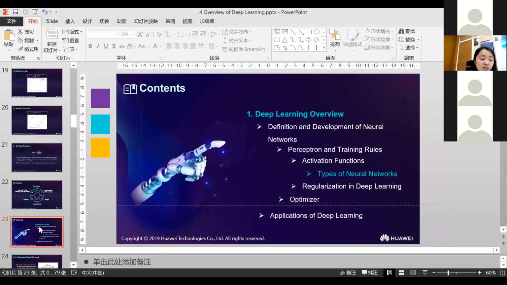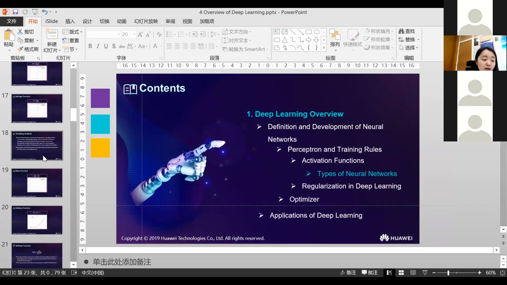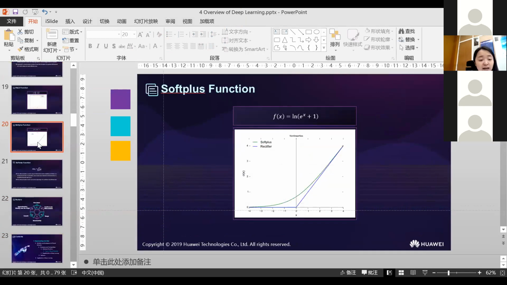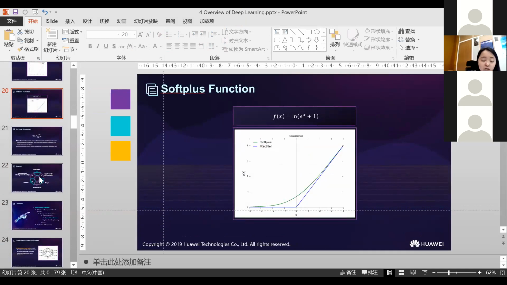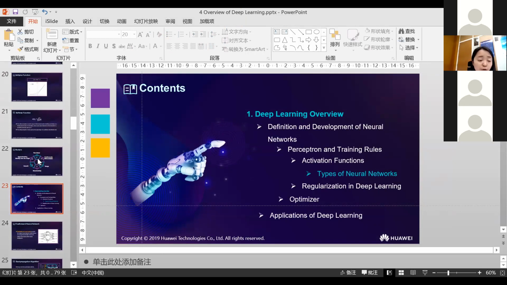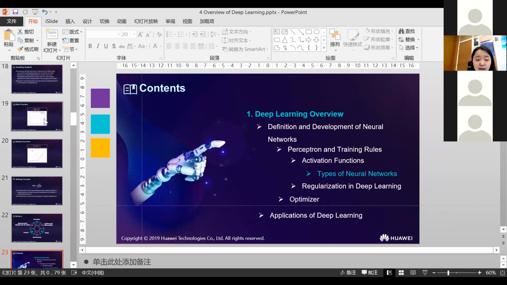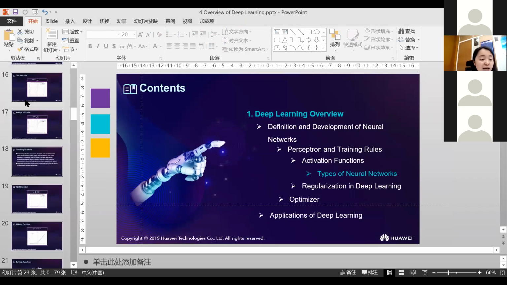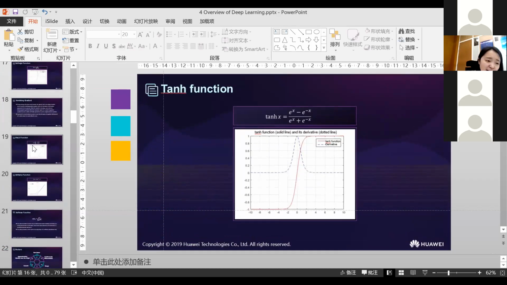We mentioned the sigmoid function, the ReLU function, the tanh function, the softsign, and the softplus, the variant of the ReLU function. For tasks related to computer vision, we would always try the ReLU function and its variants first. And for some sequential data, we may always try the tanh function or its variants first.